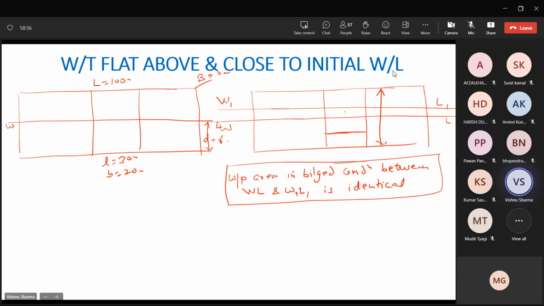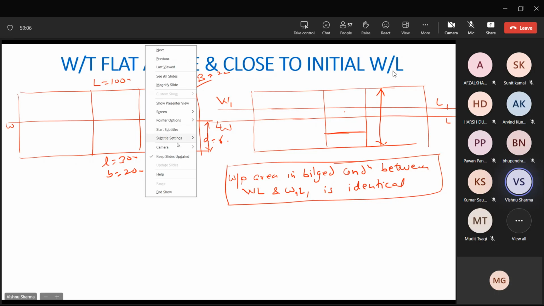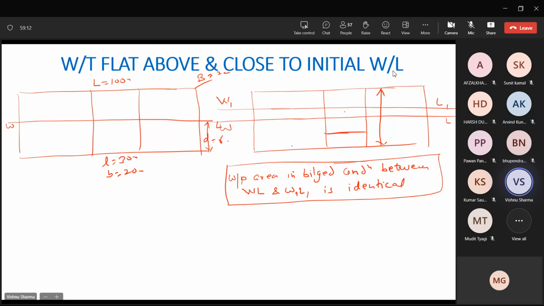I say there is a watertight flat at a height of 6.5 meters. That means the flat is not like the DB tank top, which was just below the water line. Now the watertight flat comes somewhere here so that this H becomes 6.5.